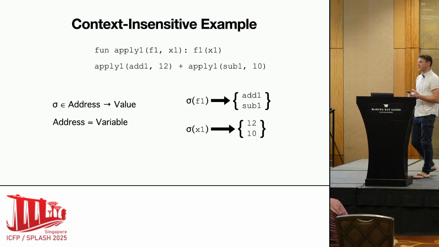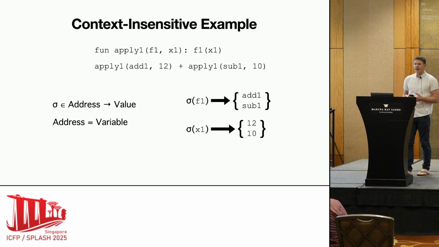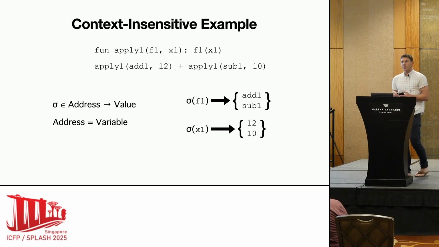with some examples. So this is just a simple example where we have an apply function, where you hand it the function and its argument, it applies them. And it's called twice. And in this program, add 1 will only ever be applied to 12, and sub 1 will only ever be applied to 10. But the analysis that we're considering now is a context-insensitive analysis.